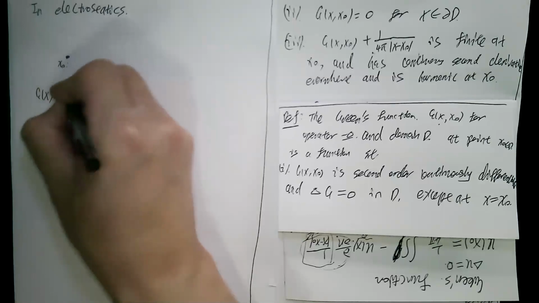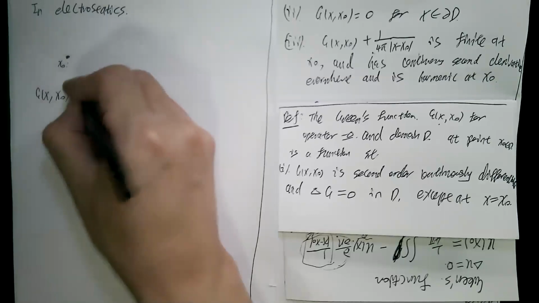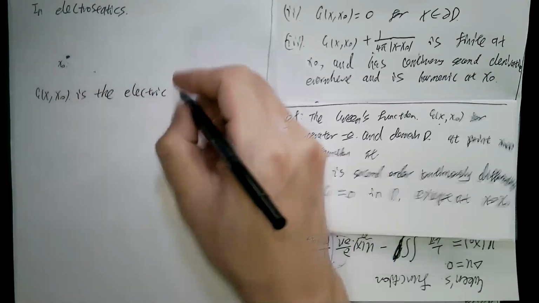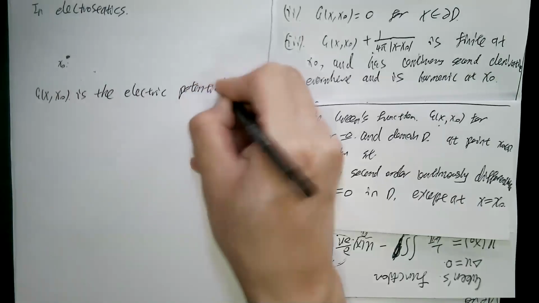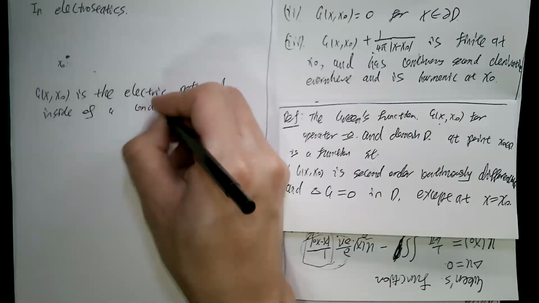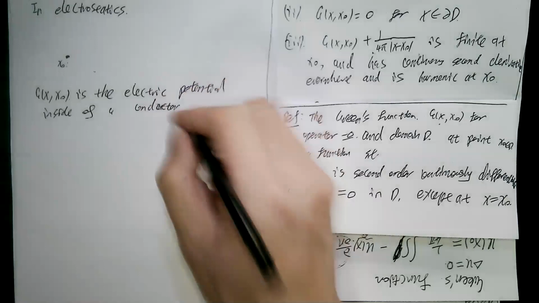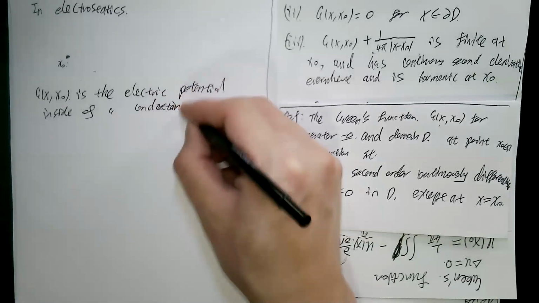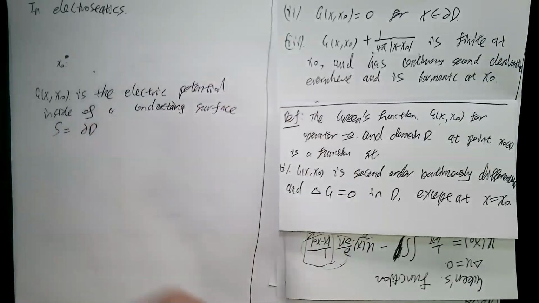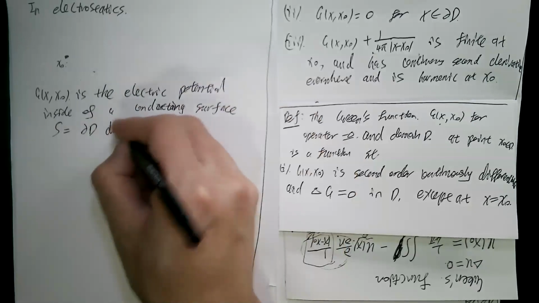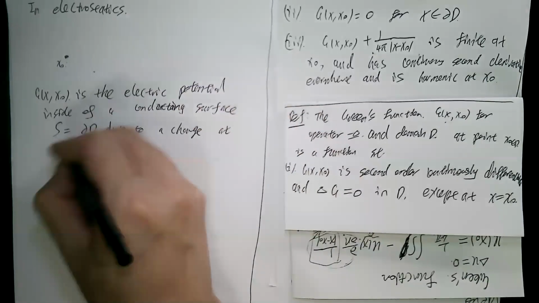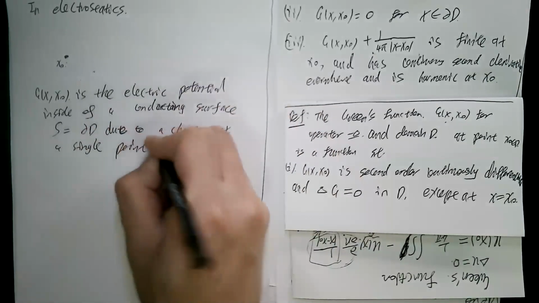This Green's function is actually the electric potential inside of a conducting surface S equals partial D due to a charge at a single point x0.